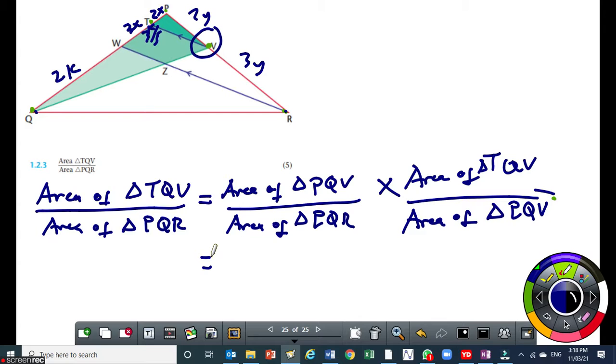I need you to be aware that for the length of QV, I can use another letter. So I've got y, I've got x, I've got k. Let's use m. So this will be 2m.